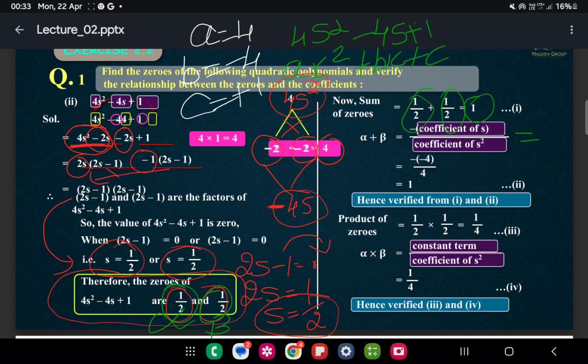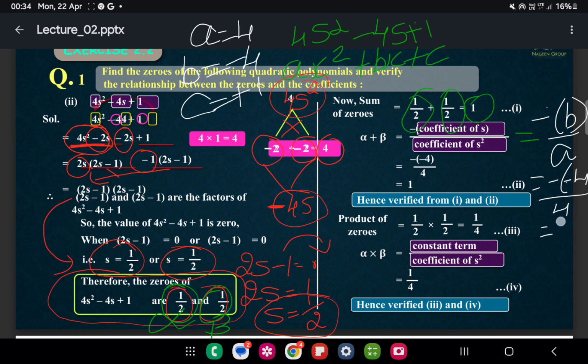Here minus the coefficient of x divided by the coefficient of x square, that is minus b by a, that equals minus of b, which is minus 4, divided by a, which is 4.